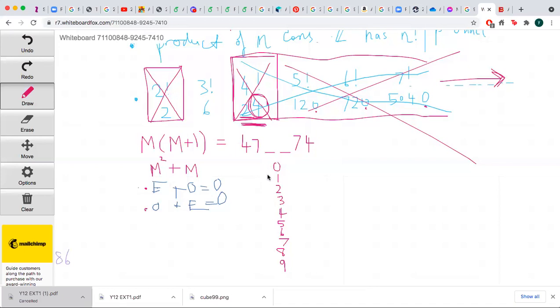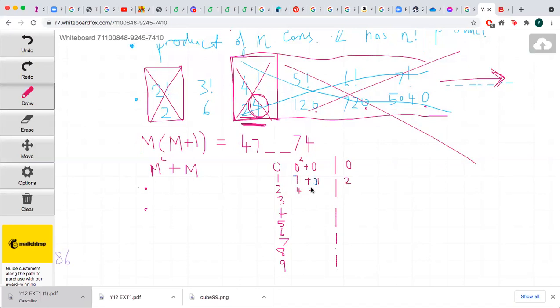But basically what I'm doing here is these are the possible last digits of m. I'm just going to square each and then add it to itself and see what I get. We'll go through why in a bit. 0 squared plus 0 is just 0. 1 squared plus 1 is 1 plus 1, which is 2. 2 squared is 4, plus 2 is 6. 3 squared is 9, plus 3 is 12.